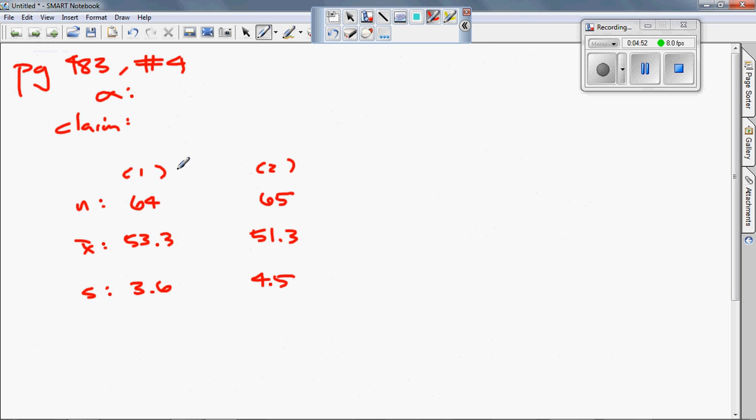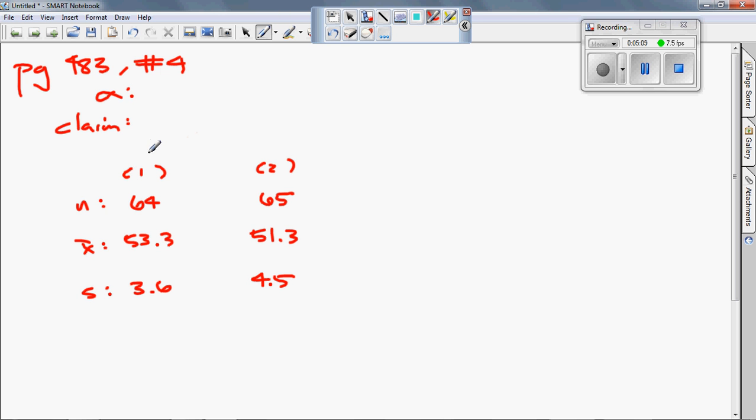In that problem, we have the following statistics given, and we want to test the claim that the population of heavy marijuana users has a standard deviation different from that of light users.